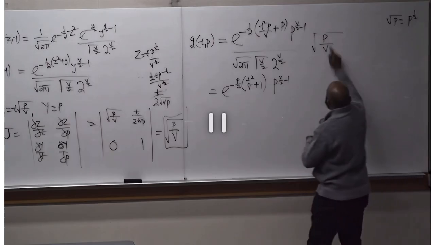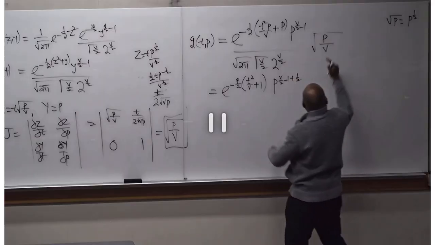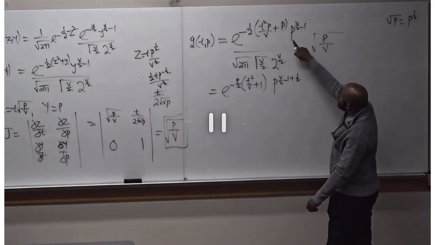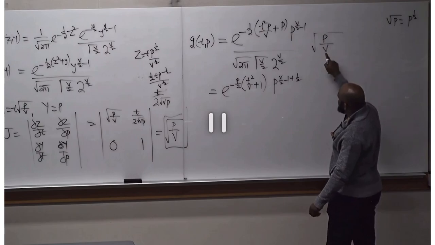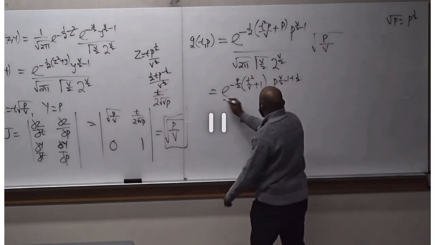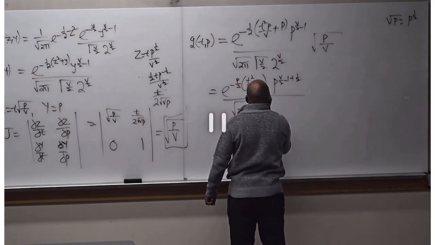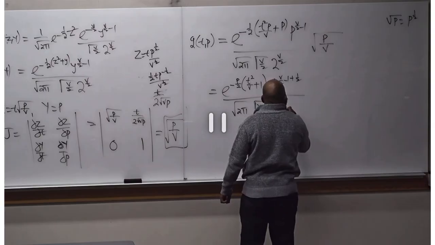So here we combine with that. I'm going to say plus half, p raised to power half. This is a p, this is another p. Then this guy is going to go down and join this guy. So I'm having divided by square root of 2 pi gamma v over 2, square root of this, then square root of v.